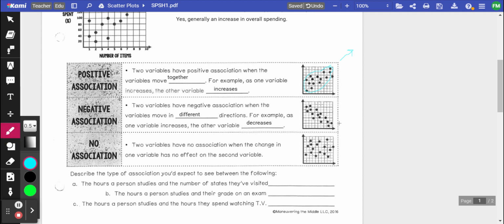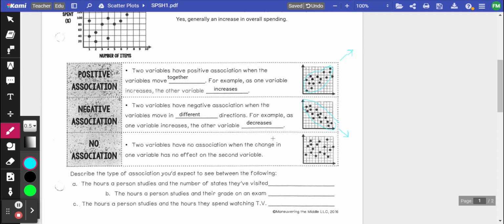That's kind of a big deal. So now when we look at this one, it's headed in a downward direction. Negative association because the x increases and the y decreases.